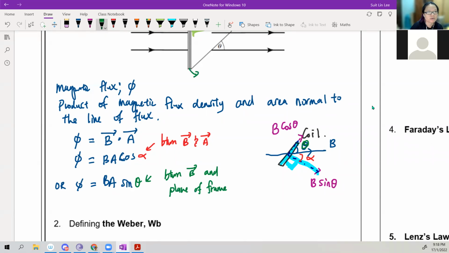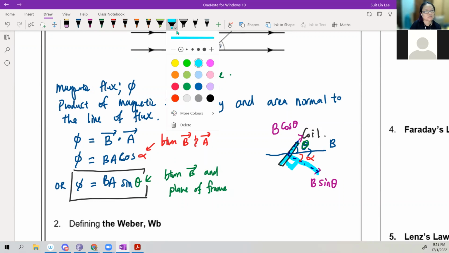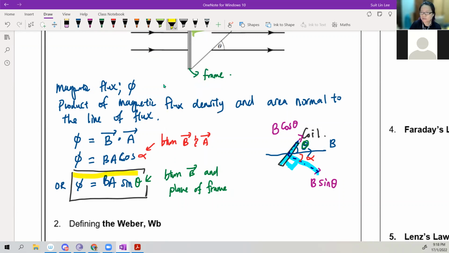Actually, this one is the frame. Which one do we normally use? We normally use this. But for those of you who do maths, I want you to know that it's actually a scalar product, which means flux is a scalar. So this one need to know.